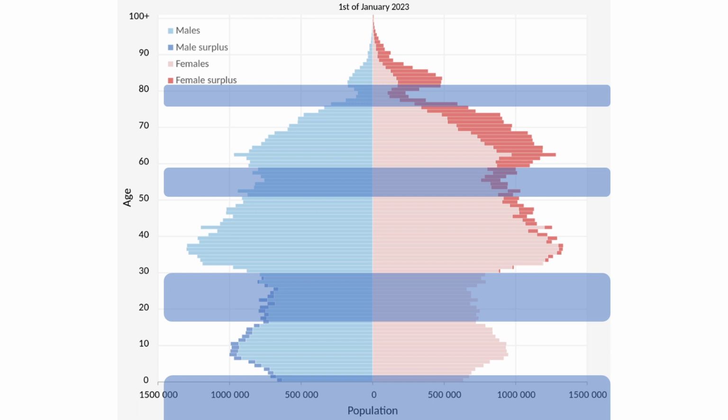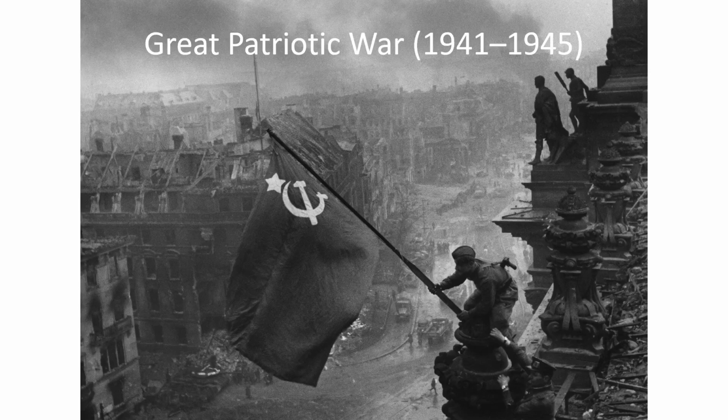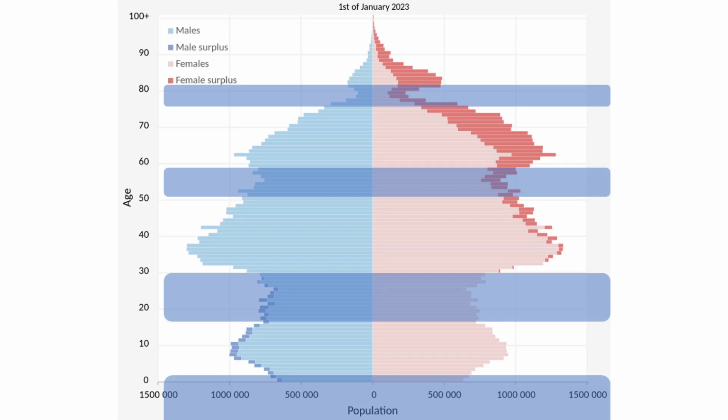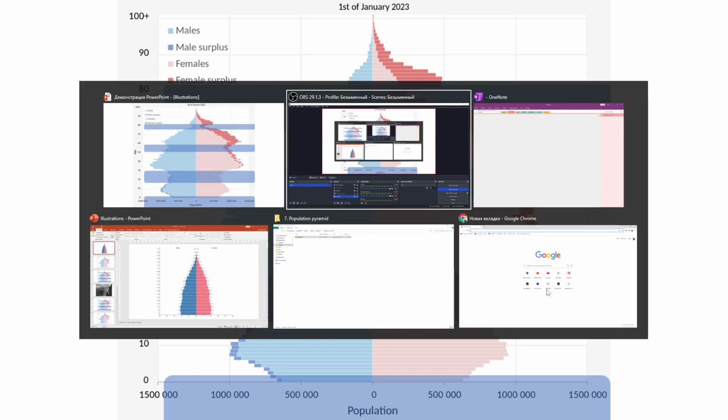So this trace of World War II, of the Great Patriotic War, is slowly but surely dissolving from one generation to another, but still we have this trace of war. So we have this zigzag shape, which might be called a characteristic of the population pyramid of Russia.